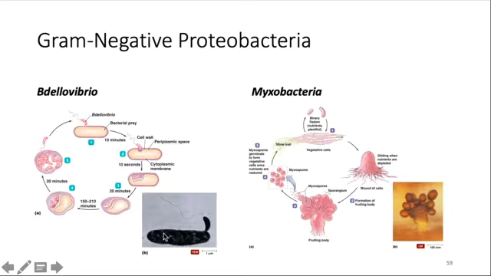And then you have myxobacteria. Myxobacteria in its vegetative state will be able to multiply by binary fission when there's a lot of nutrients available. When nutrients are depleted, it glides and comes together to form a mass. And as it's gliding, it's producing enzymes.